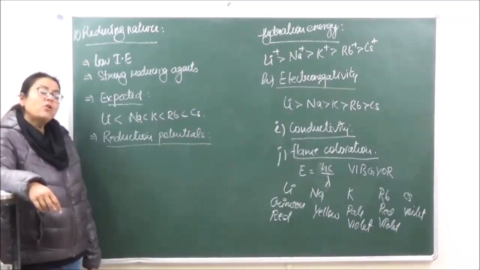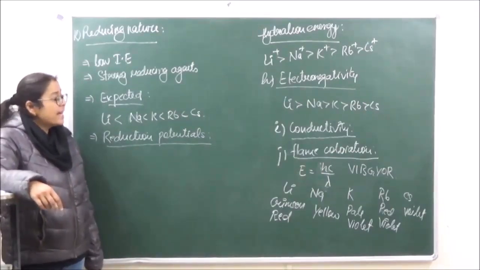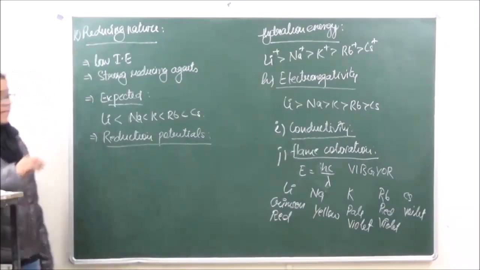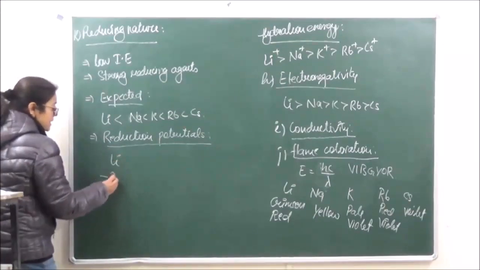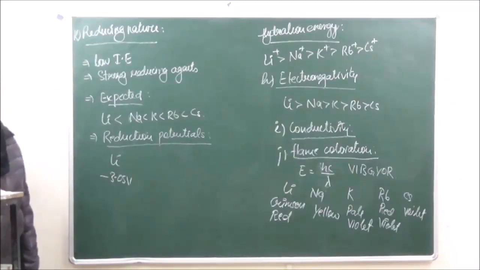So cesium, having the lowest value of ionization energy, should lose the electron most easily, and hence it should behave as the best reducing agent. But the trend which we will see is going to be quite different. That is because lithium has a reduction potential of minus 3.05, which is the least amongst all the elements of the periodic table. So this is going to behave as the best reducing agent. Okay?